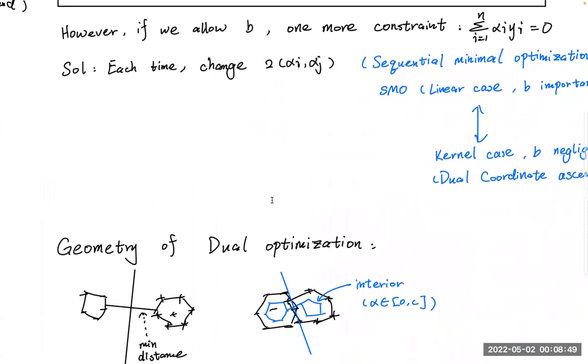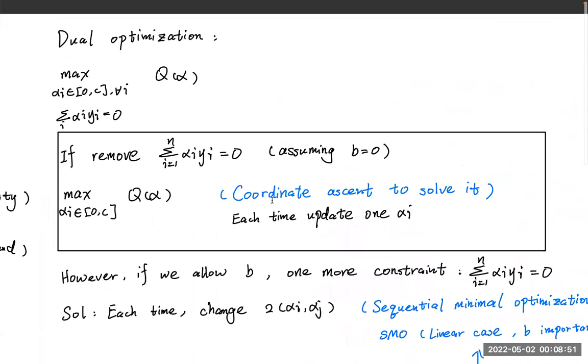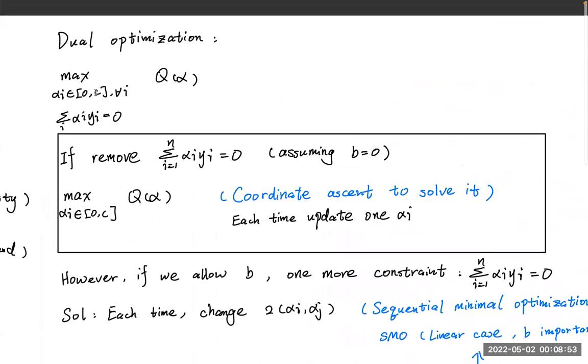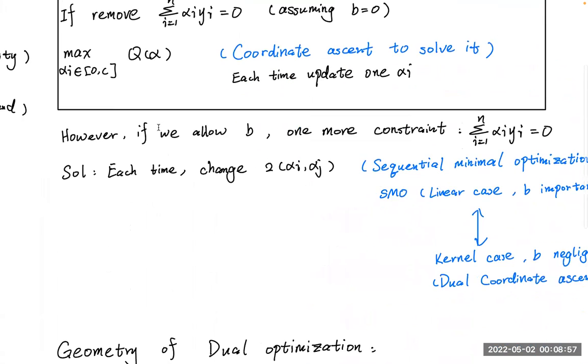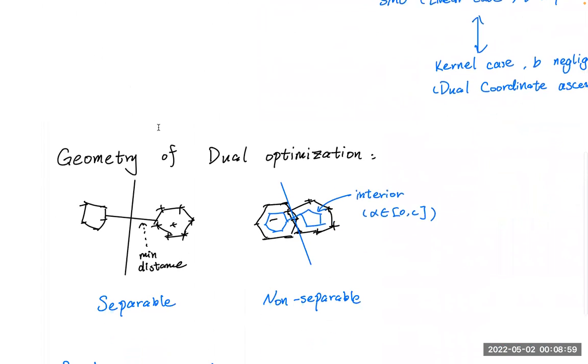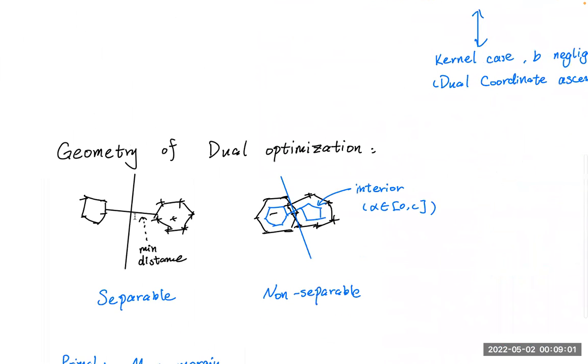Then in terms of geometry, compared to what we did last time, we have this upper bound C. Remember that last time for the separable situation, we interpreted the max margin problem as a dual problem of finding the minimum distance between two convex hulls.